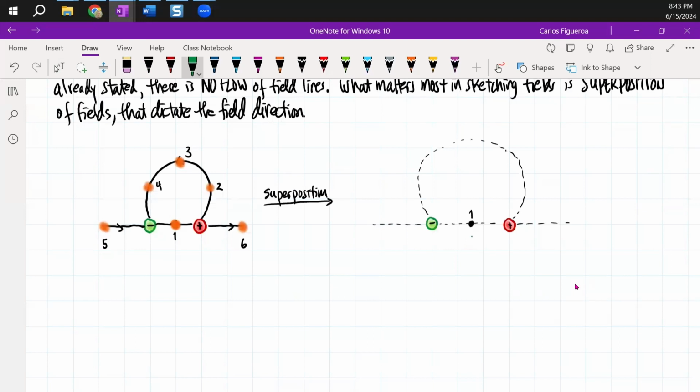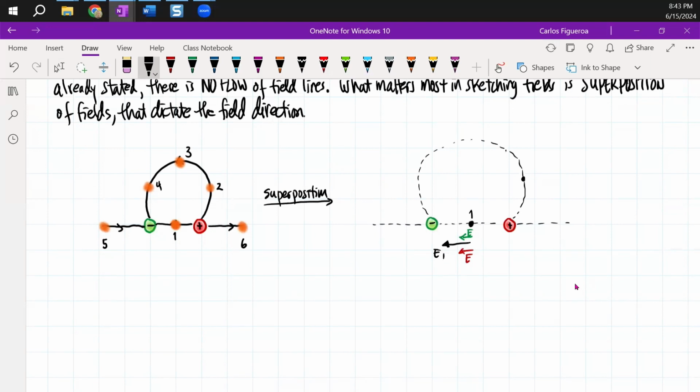So I'm going to say that this is a smaller green field. And then this guy here, I'm going to have a red field, because they're coming from the charges. So if I do a superposition, that tells me that this is the direction of the field at point 1. So I'm seeing that the green and the red are adding up.